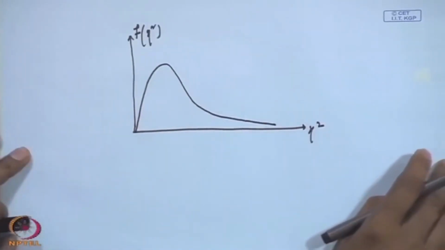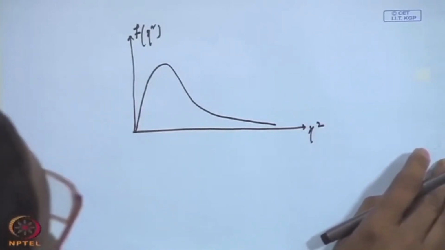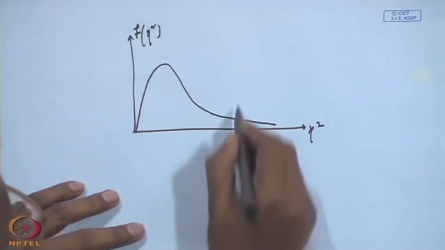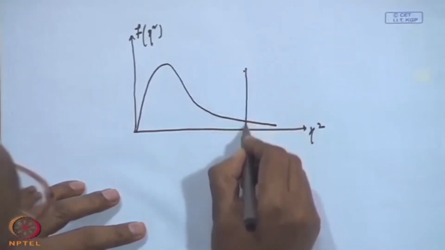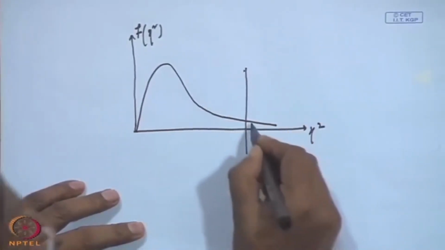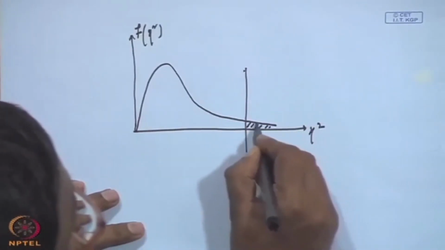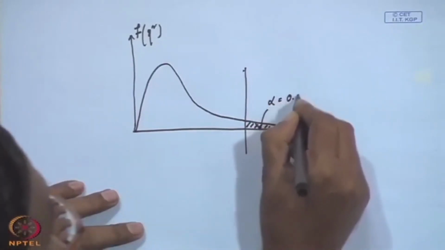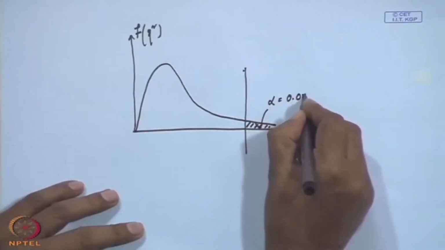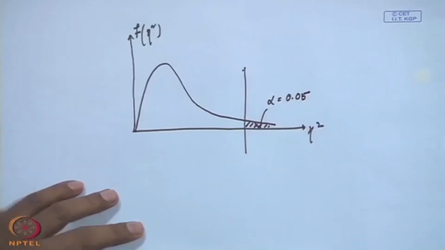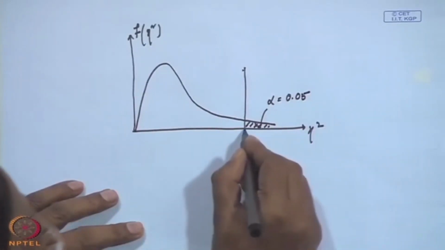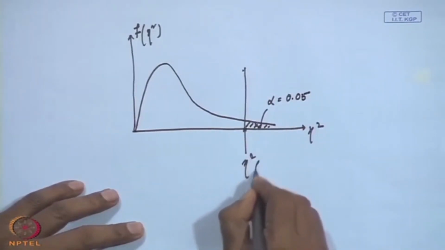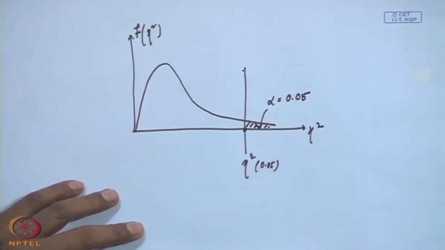Now, I want to know what is the chi-square value for the probability of this side, let it be alpha, which is 0.05. From this table, can you find out this chi-square value? What will be this chi-square?